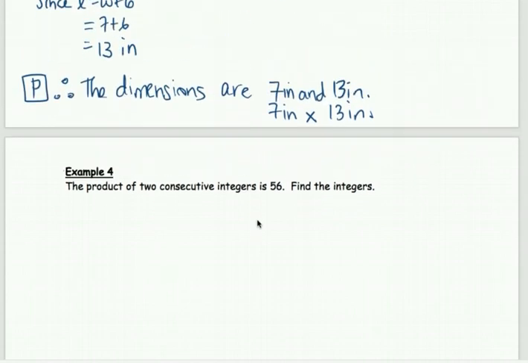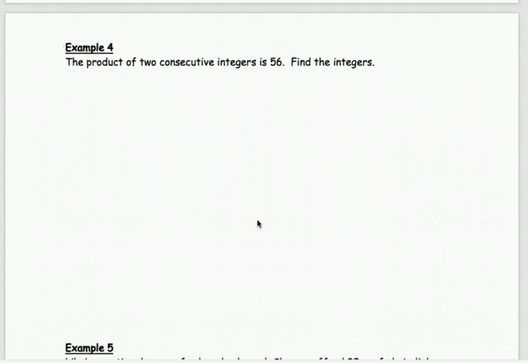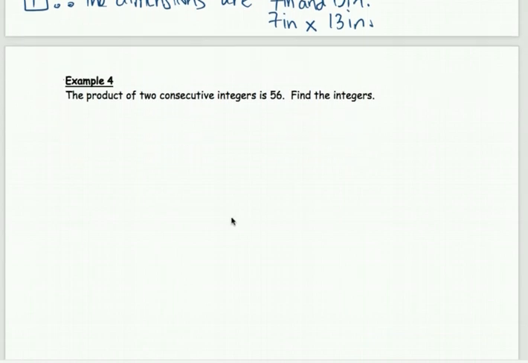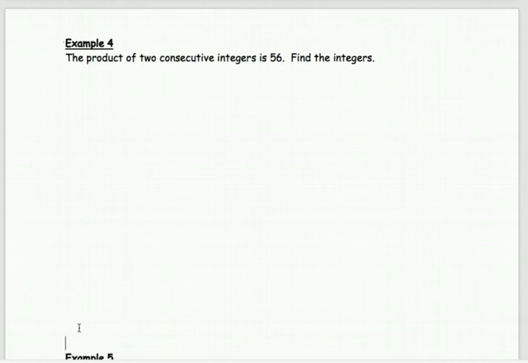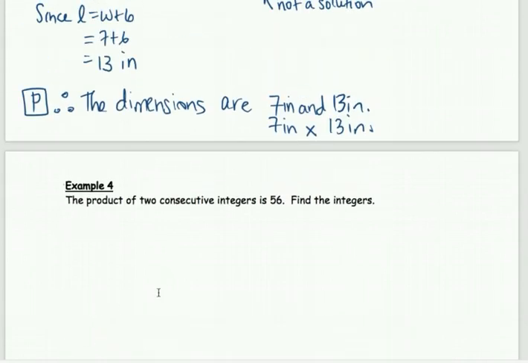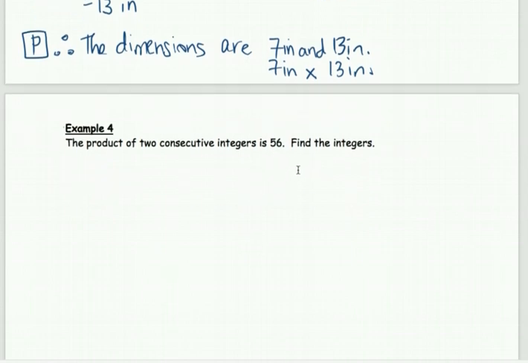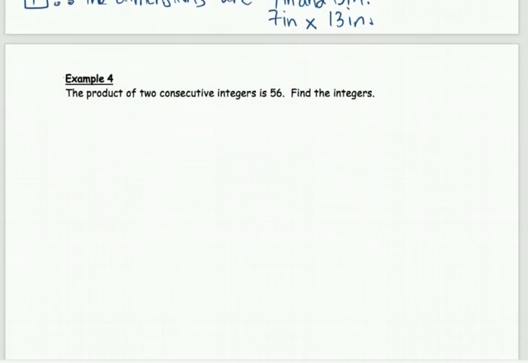Okay, so let's move on to the next one. I think there's a couple more left, and then we'll go from there. Okay, so we have this one here. We have a couple numbers to find now. So integers, that means that you can have a positive or negative number. And what does the word consecutive mean?